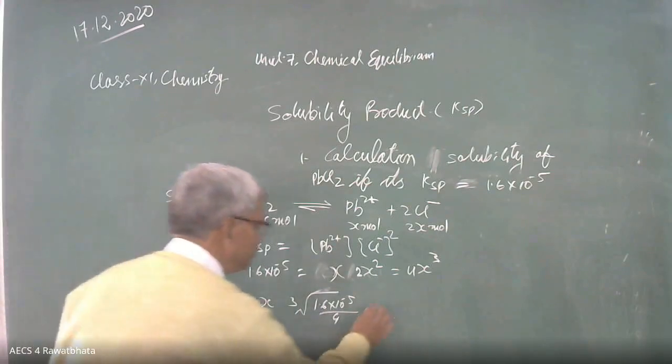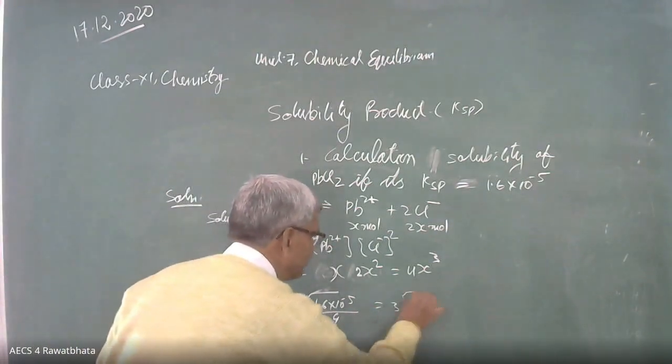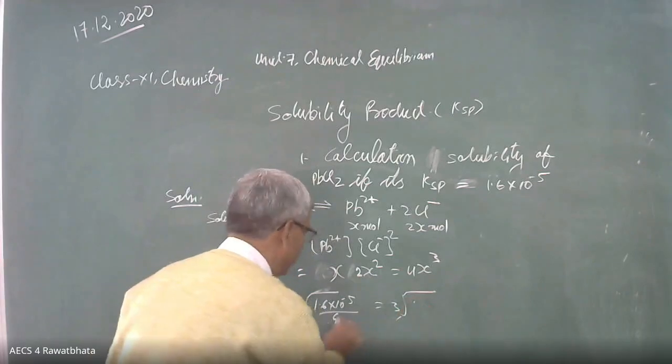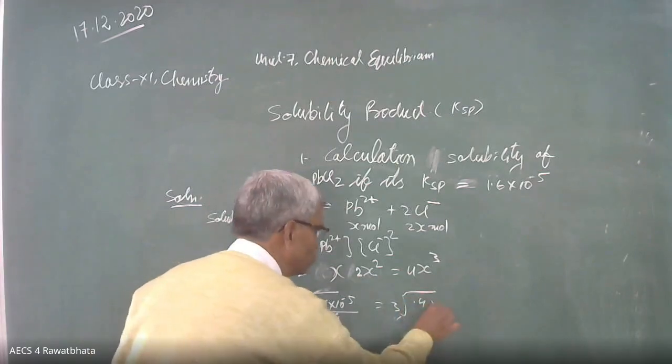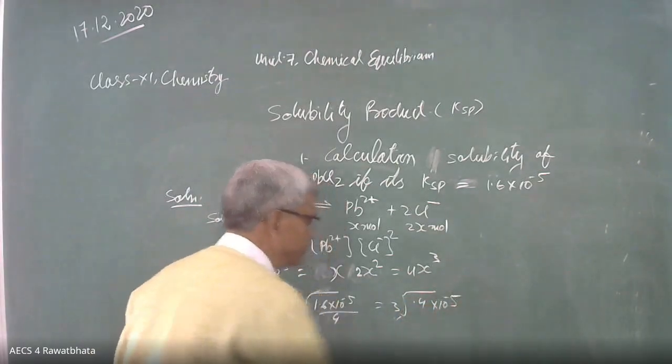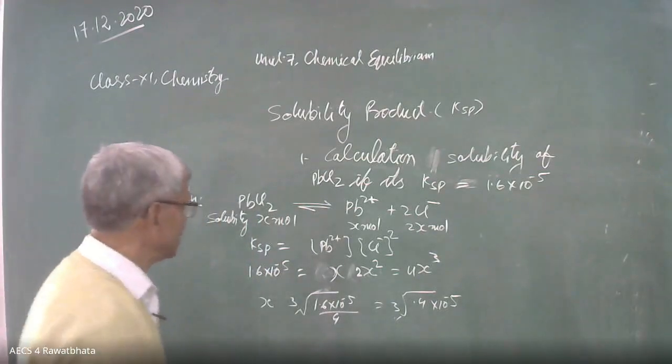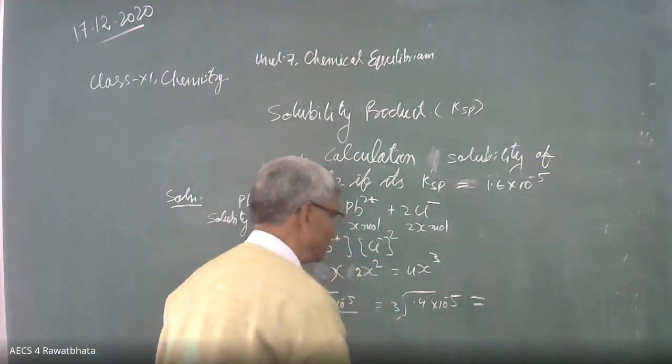This is equal to cube root of 0.4 into 10 raised to power minus 5.